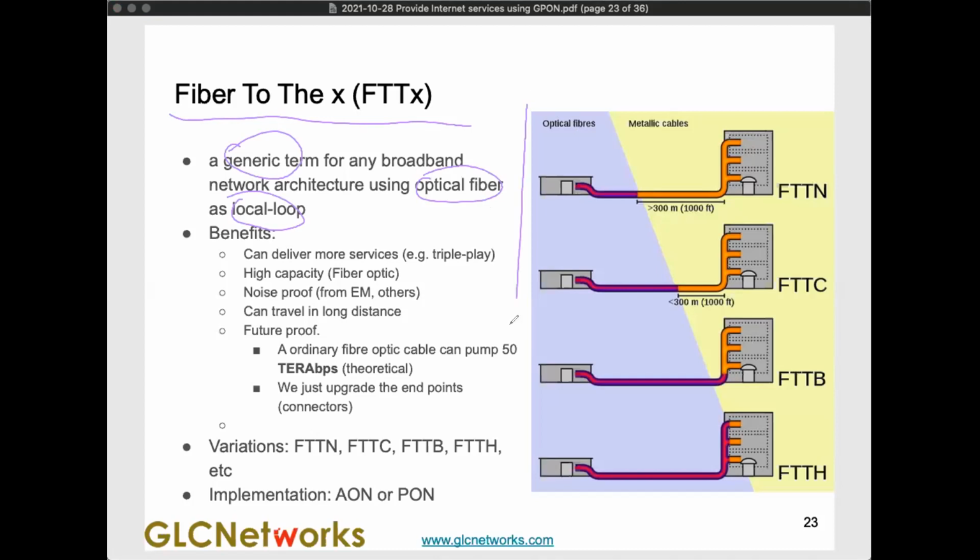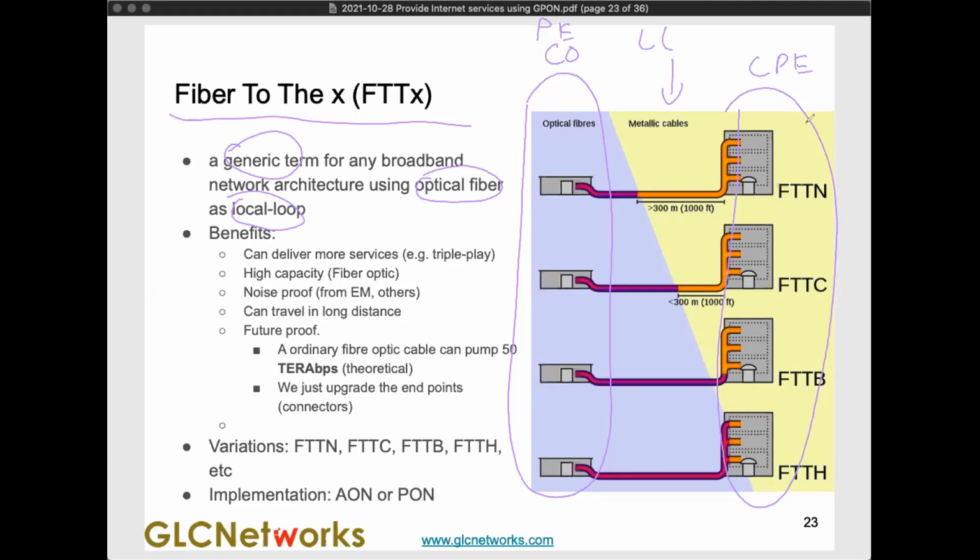Over here is the central office, or your edge router, or PE provider edge, and this is usually the CPE. Between them is called the local loop. If we use fiber optic as the local loop, it's called FTTx.